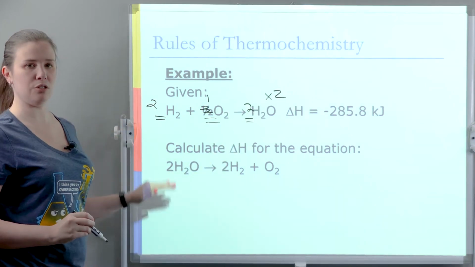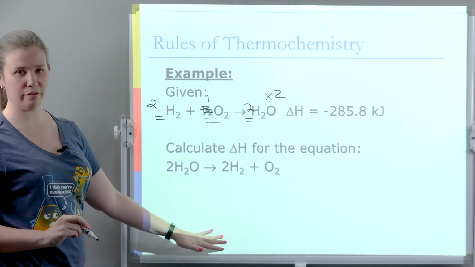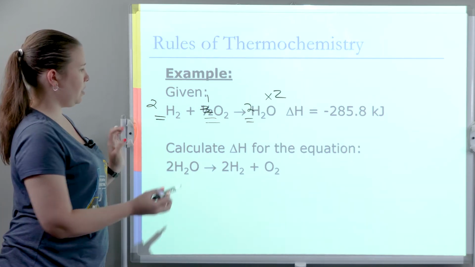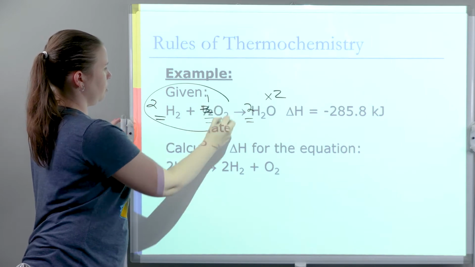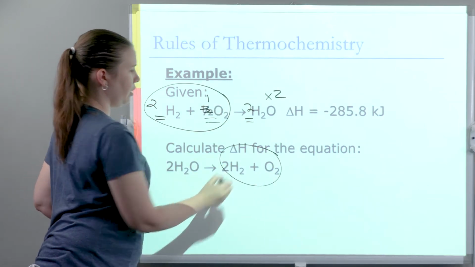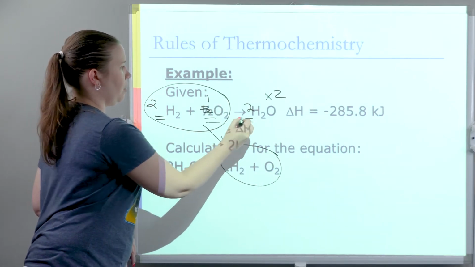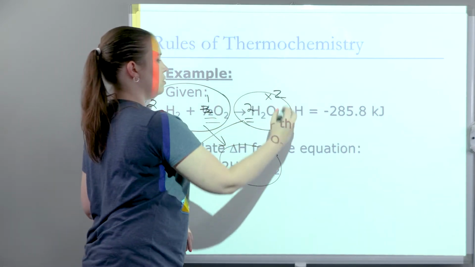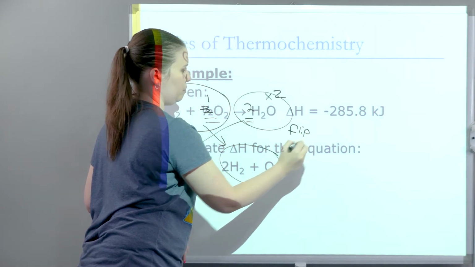So now my coefficients look similar to the equation that I'm trying to find the heat energy of. The only thing that's different is that my reactants, the hydrogen and oxygen, became the products, and my product became the reactant. So this is also flipped.